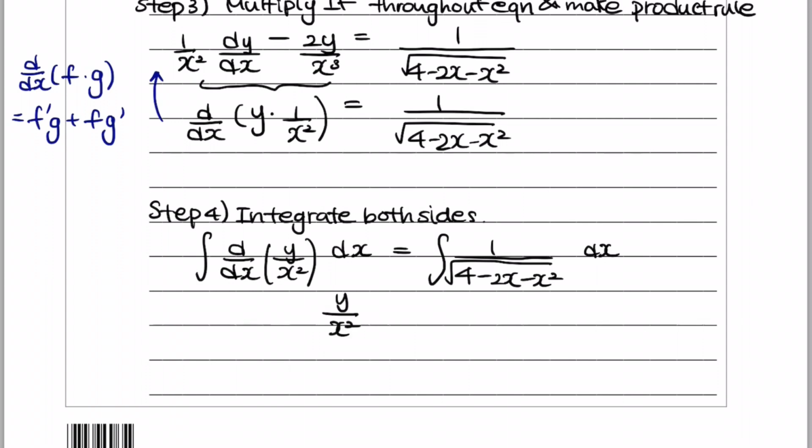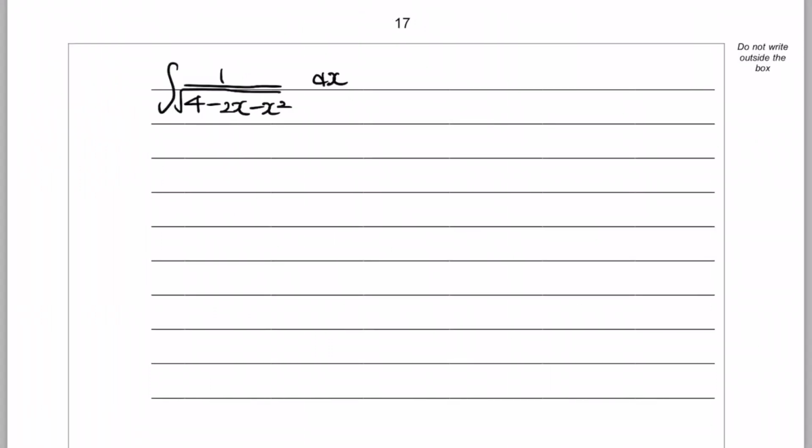So the left-hand side becomes y over x squared, and that is equal to the integration of 1 over the square root of 4 minus 2x minus x squared. Whenever there is a square root in your denominator and the formula within the square root has a square term, as in this case, you first try to complete the square inside the square root. So it gives you 5 minus (x plus 1) squared.